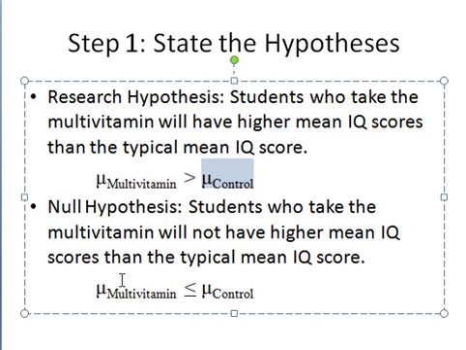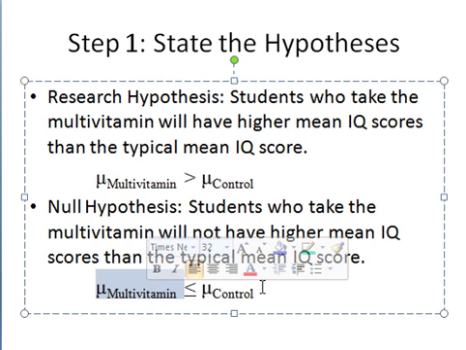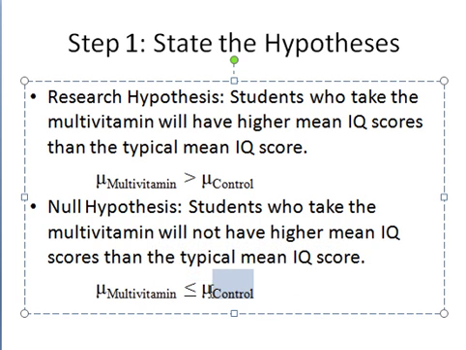The null hypothesis is everything the research hypothesis isn't, so here we would just say that the multivitamin population mean is going to be less than or equal to the control population mean. In other words, the multivitamin's not doing what it's supposed to be doing. So what we're going to do is assume that this is true, and then collect a sample, plot it on this distribution where the null hypothesis is true, and then see how likely it is.